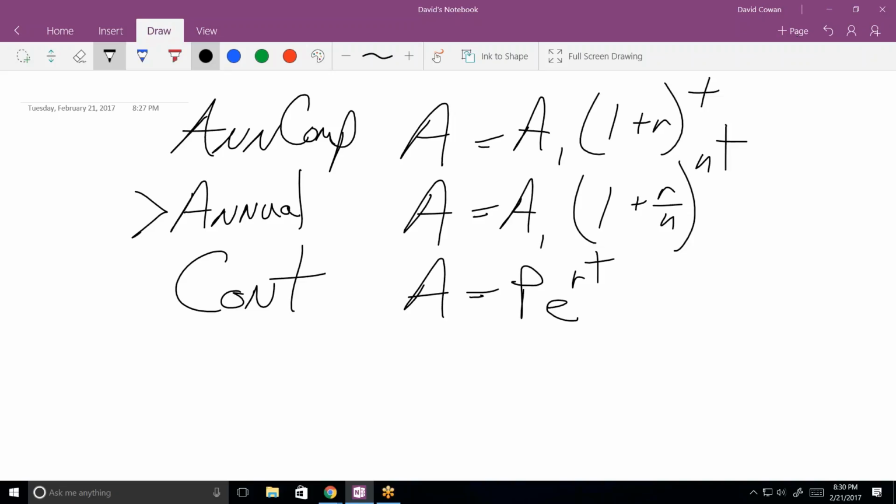Like I said, annual compounding and more often than annual are artificial creations of humans. So the only time you're ever really going to use these formulas pretty much is on bank accounts. Okay. And that's the truth.